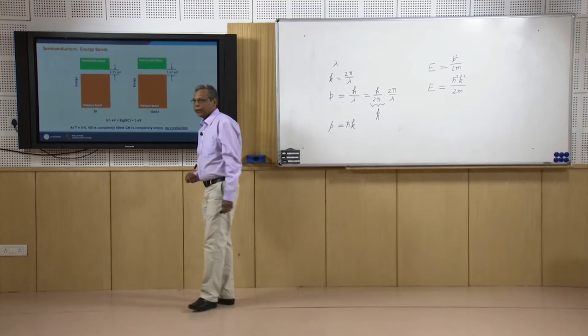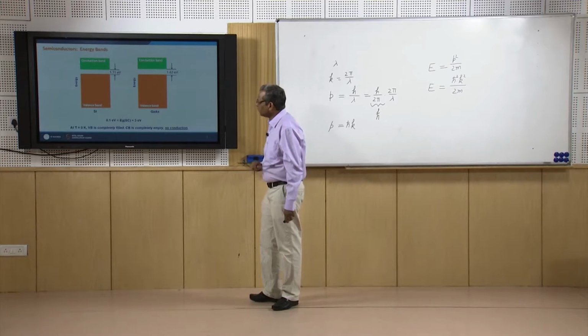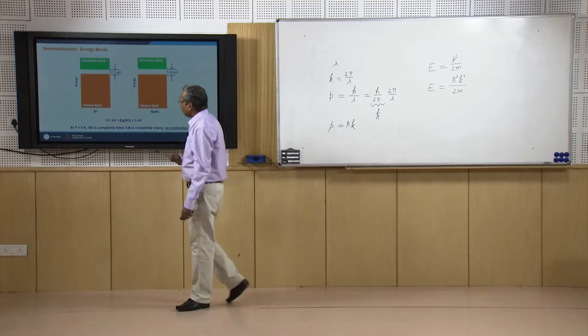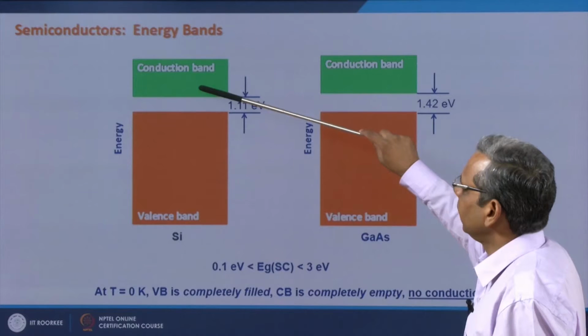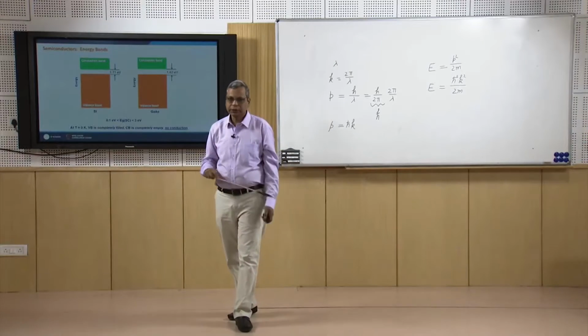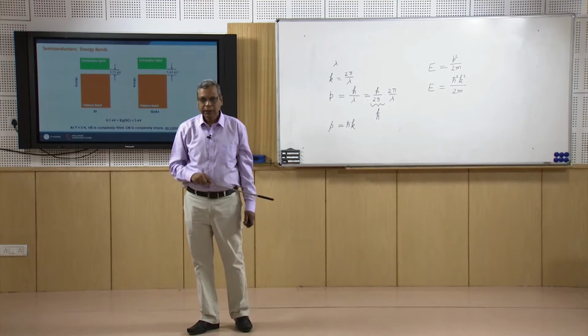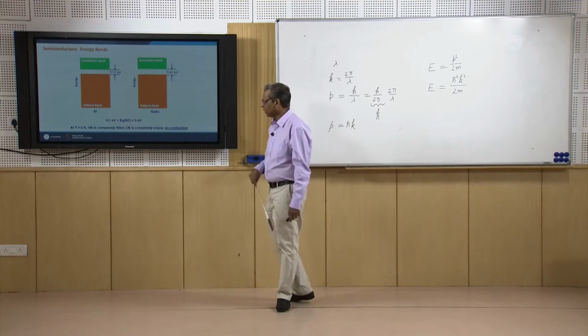So, if I look at a semiconductor at 0 Kelvin, then I find that the valence band is completely filled and the conduction band is completely empty, and therefore, since the conduction band is completely empty, there are no electrons available for conduction and the semiconductor is a perfect insulator at 0 Kelvin.